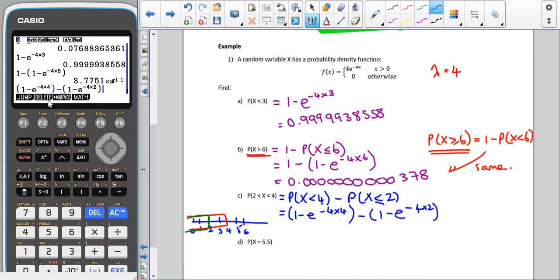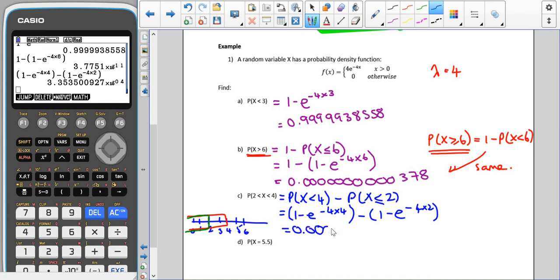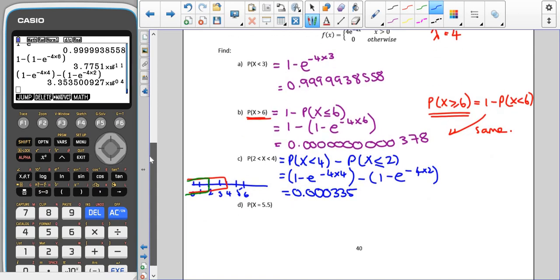Notice my brackets, these are very important, especially on the second part here. This has to be in a bracket, otherwise it's going to give you the wrong answer. And that gives us 0.0000335 to 3 significant figures.